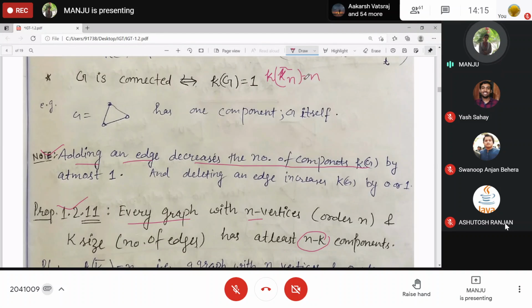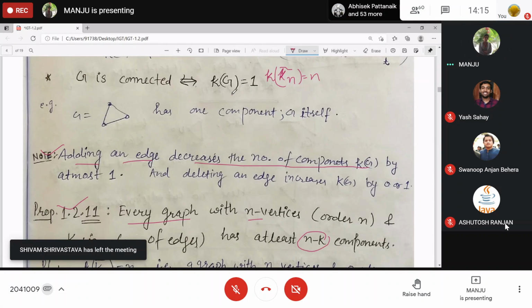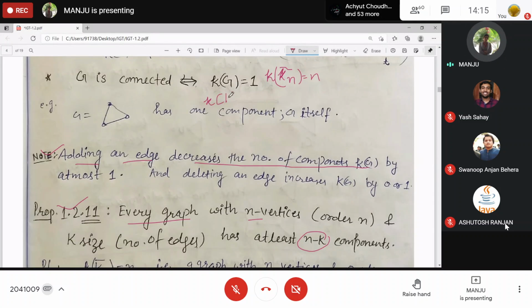Now I will add edges one by one, k edges in total. After adding one edge, the number of components in K n plus the first edge e1 is exactly n minus 1, right?